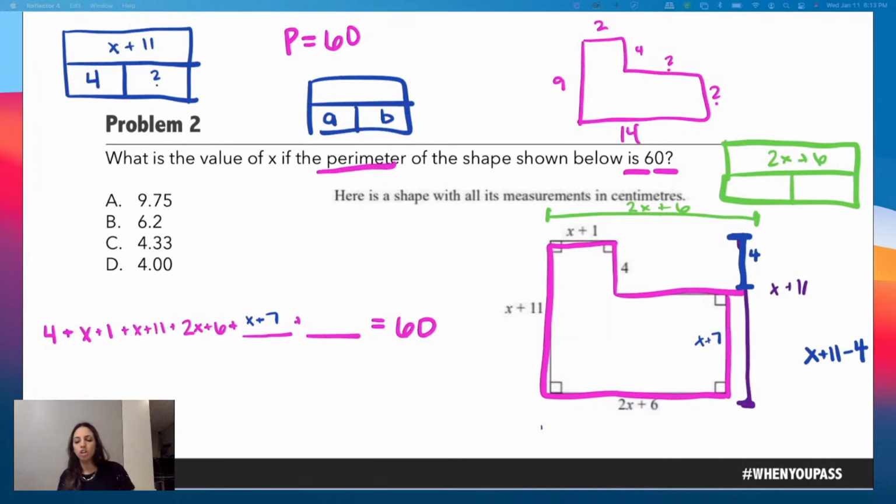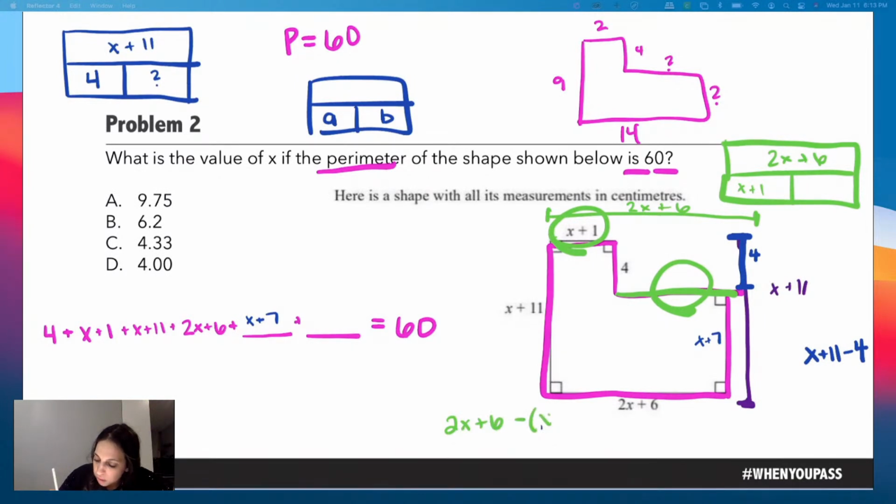What is my part? Because I'm trying to find this section right here. My part is x plus 1. That part plus this part is going to give me 2x plus 6. So I have 2x plus 6 minus x plus 1 as a chunk.